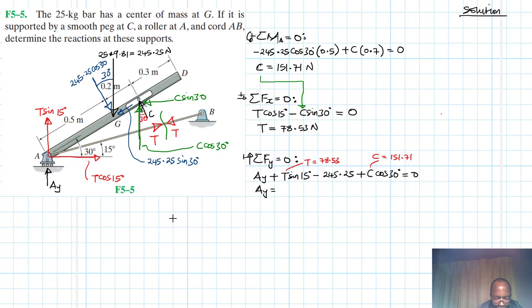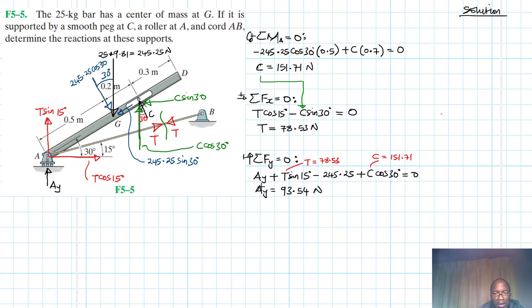Once we plug them back into our equation, this gives us 78.53 sine 15 minus 245.25 plus 151.71 cos 30. We have AY equal to 93.54 newtons.